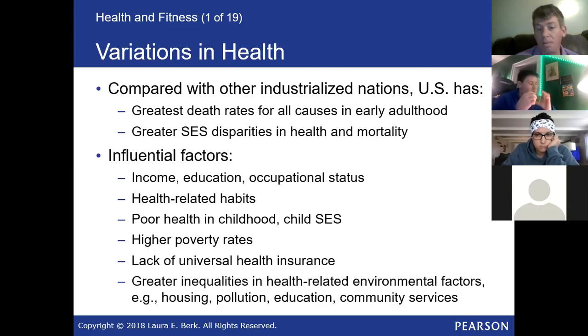As a child, did we grow up poor? What about just the rates overall of our industrialized nation? Lack of universal health insurance, greater inequalities in health related environmental factors like the housing we reside in, the pollution around us, the access to education, quality education, and various community services.